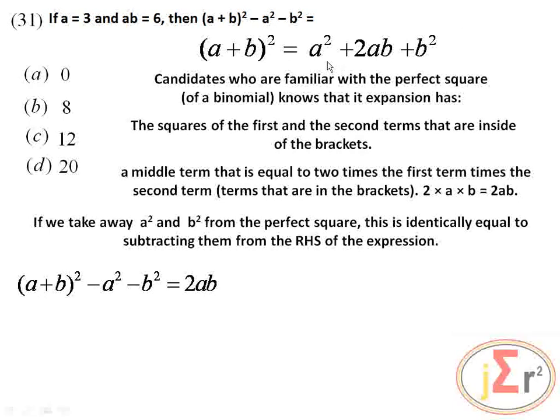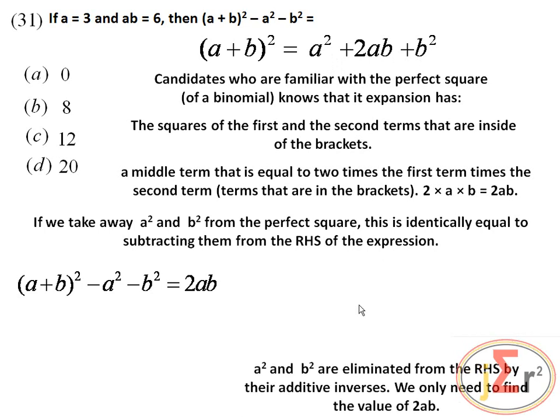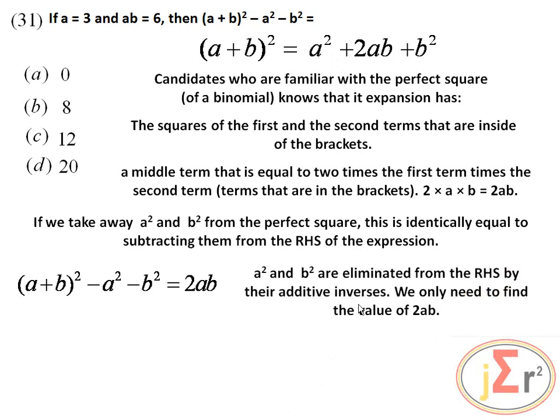So a squared plus 2ab plus b squared, if we subtract a squared and b squared, all that we have is 2ab remaining. A squared and b squared are eliminated from the right hand side by their additive inverses. We only need to find the value of 2ab. Let us find the value of 2ab.